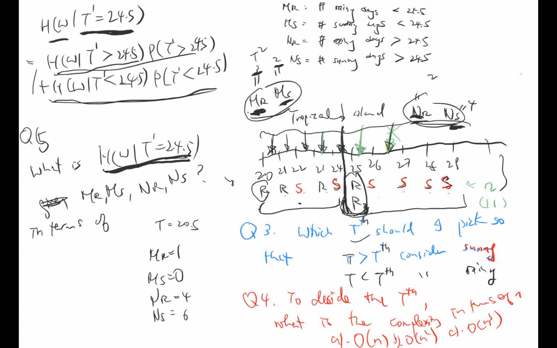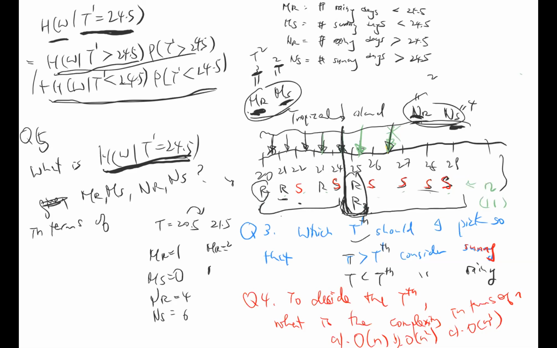When I move from 20.5 to the next threshold, 21.5, I don't need to explore the entire data set anymore. I just read the next point. This one is rainy, so I have another rainy day, MR equals MR plus 1, so MR is equal to 2.